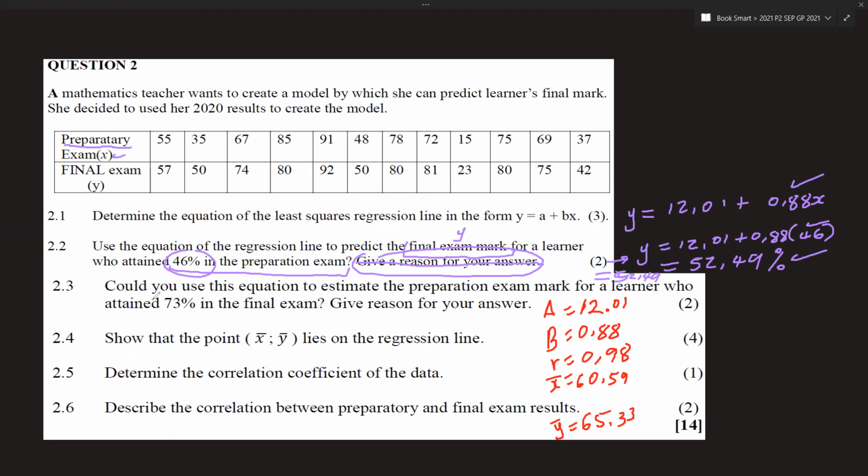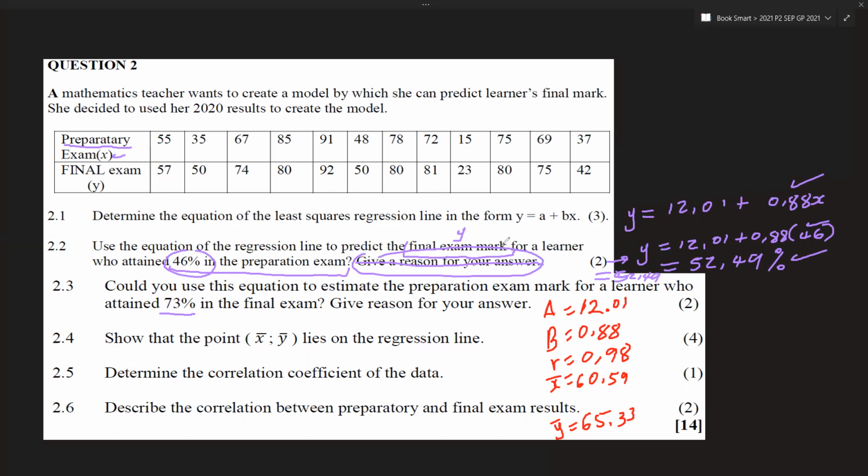4.3. Could you use this equation to estimate the preparation exam mark for a learner who attained 73% in the final exam? Give a reason for your answer.